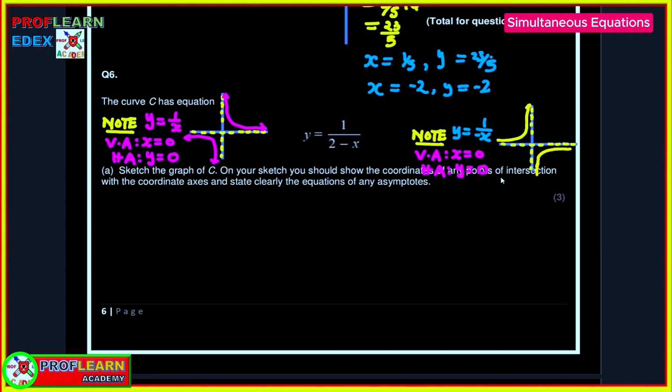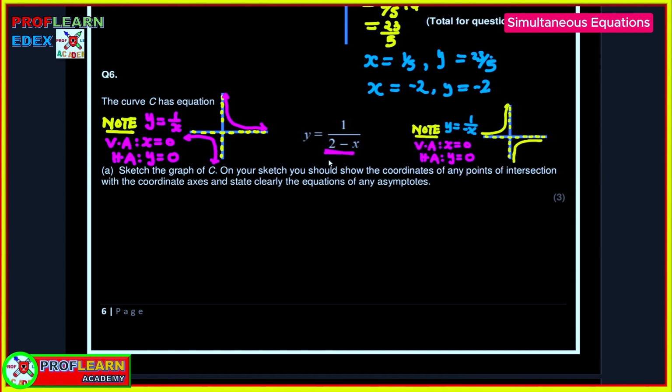So, whenever you're going to sketch the graph that we have here, the vertical asymptote is x equals 2, but the horizontal asymptote is y equals 0.